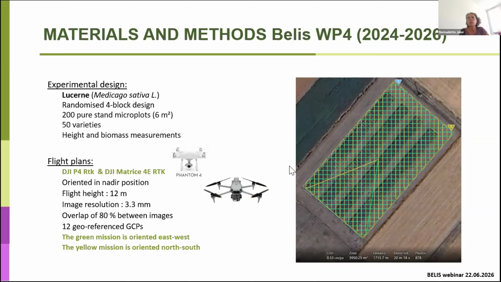Again we have 8 biomass measurements, and we have drone flights. We did some of the flights with both drones, and Eric changed the flight plan. There are now 2 missions: the green one oriented east-west and the yellow mission oriented north-south.